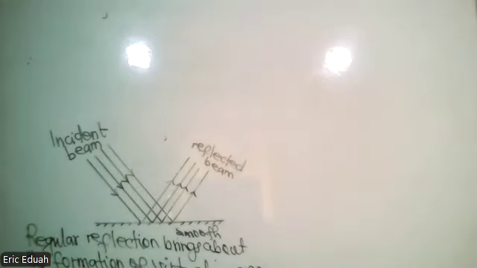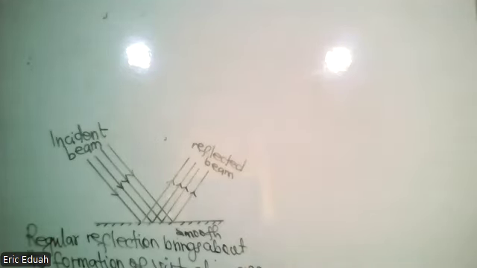Then we'll look at what the laws of reflection are and move on. Please, any question? So the advantage of regular reflection is that it brings about formation of images, but mostly virtual images.